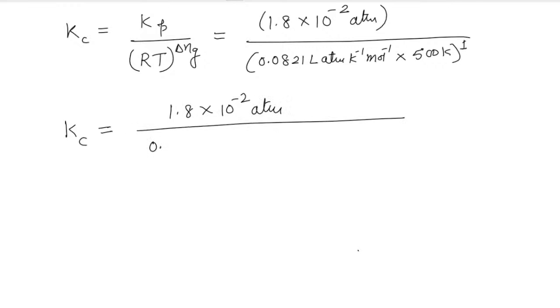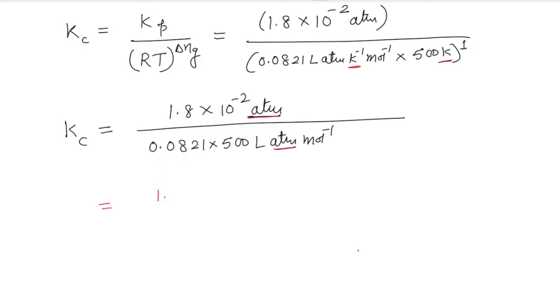by 0.0821 into 500. See, per Kelvin and Kelvin cancel. So what will we have? Liter atmosphere per mole. Atmosphere cancel, per Kelvin cancel. So what is left? Mole per liter.